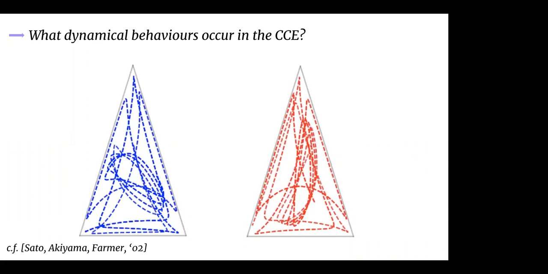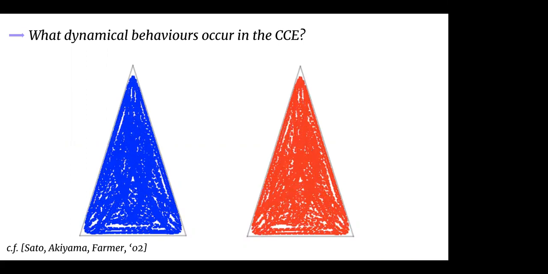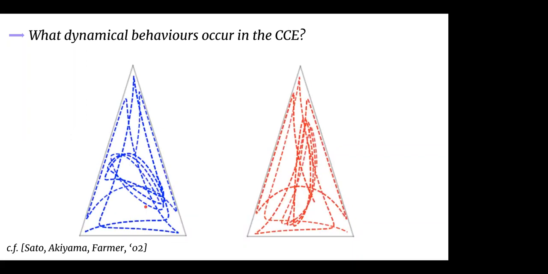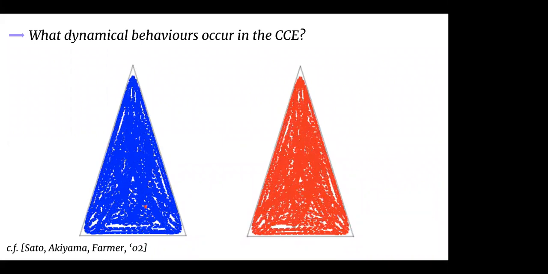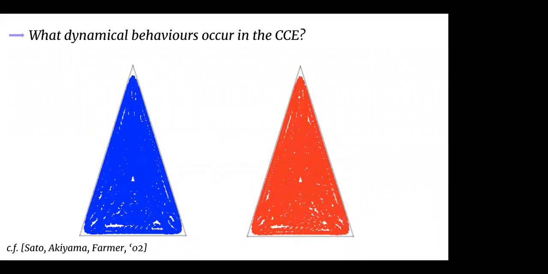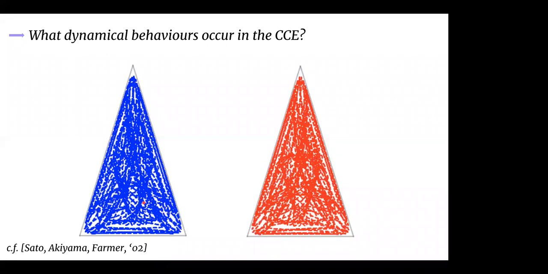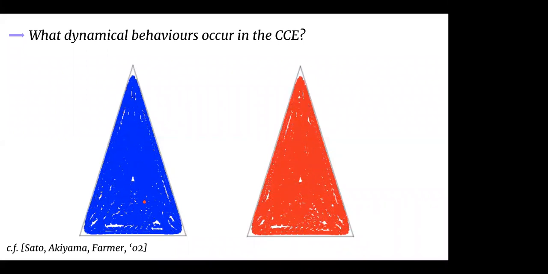And here we're kind of pushing into the open questions portion of the talk, because as you can see here, we ran replicator dynamic on a version of the rock, paper, scissors game. In fact, it's just a slight perturbation away from the rock, paper, scissors game. And you can see that the trajectories are now chaotic under the replicator dynamics.